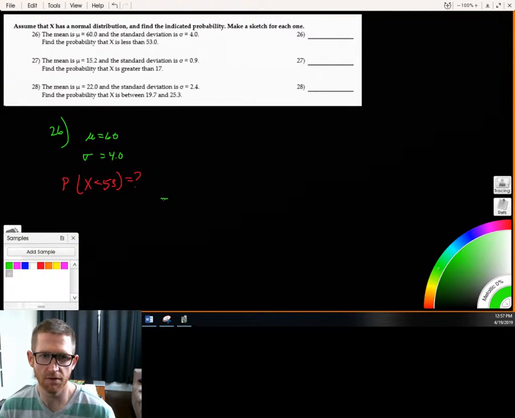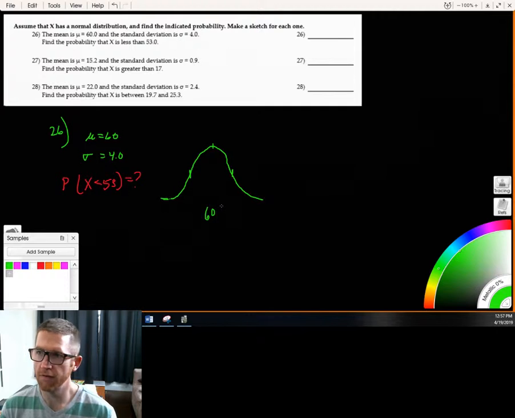So one, sketch. If it's a normal distribution, we're going to sketch a normal distribution where the median is right in the middle. It's 60. One standard deviation away in both directions would be 4 away, so this would be at 64 and this would be at 56. 2 standard deviations away would add 4 to 68 and subtract 4 to be at 52.